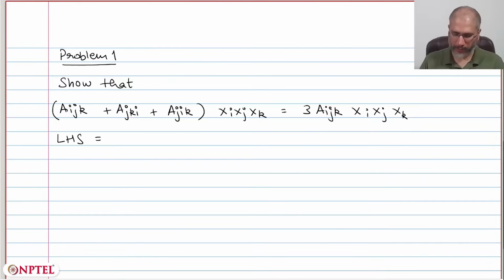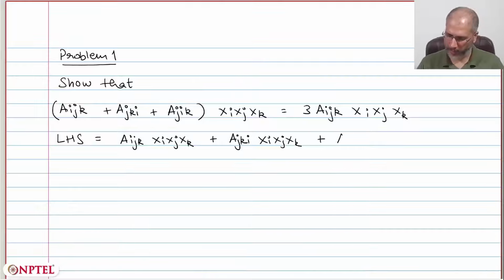So the left hand side will be expanded, so we can open the brackets. So this is aijk times xi, xj, xk plus ajki times xi, xj, xk, and the third mathematical term in the expression is ajik xi, xj, xk.